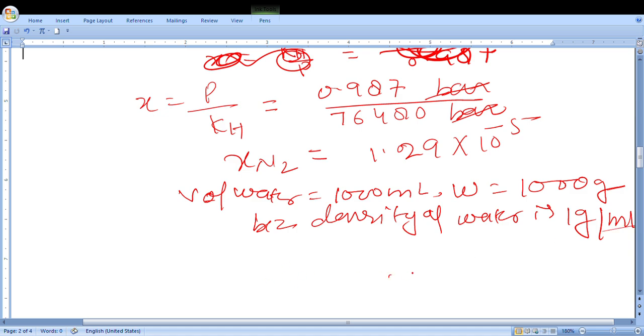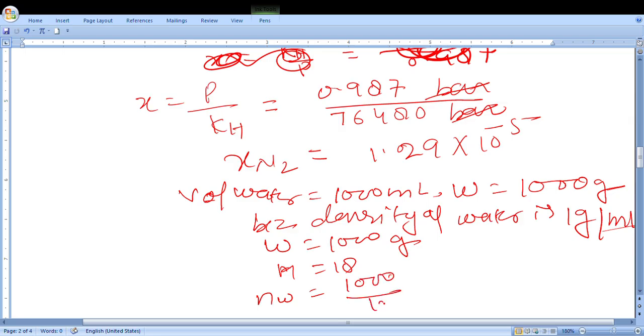So 1 ml of water is equal to 1 gram, and 1000 ml will be equal to 1000 gram. So the mass of water is 1000 gram. Its molecular weight is 18, so its number of moles will be 1000 by 18, that is equal to 55.55.